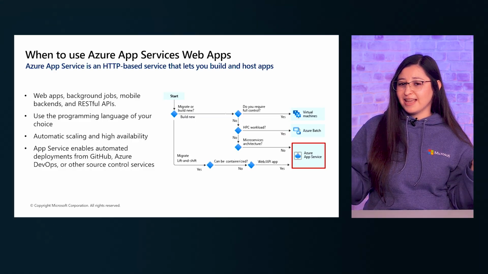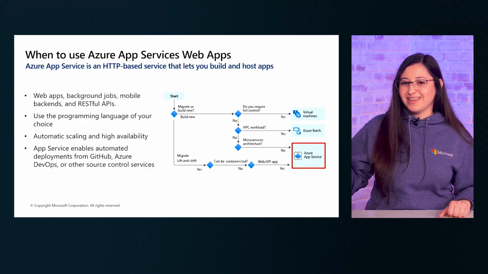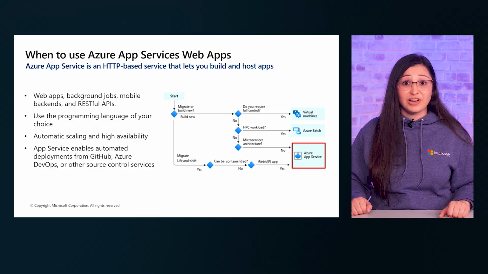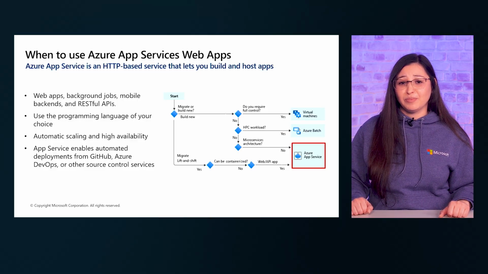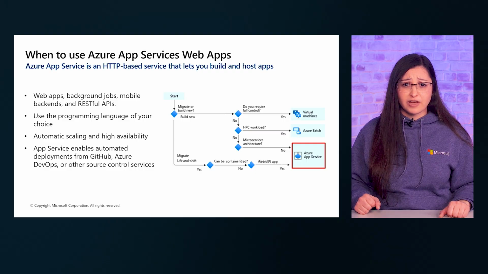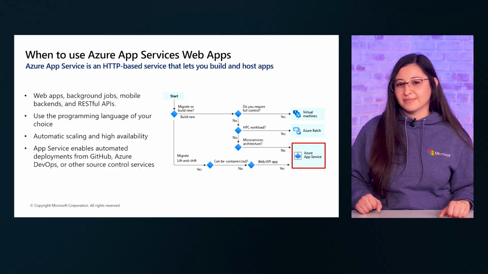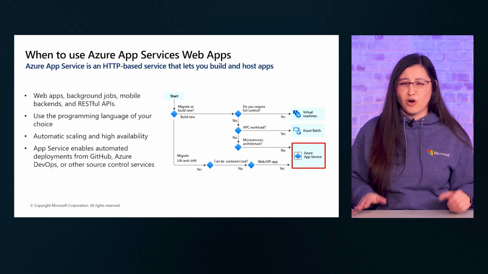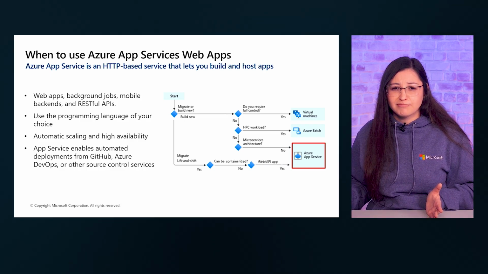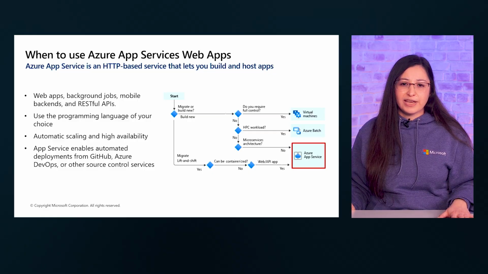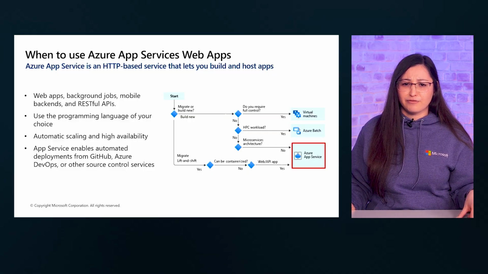What do we get? Language flexibility, built-in scaling and high availability, and automated deployment from GitHub or Azure DevOps. If the application is an IaaS website and you don't need operating system level control, App Service is the quickest step to modernize without rewriting everything.